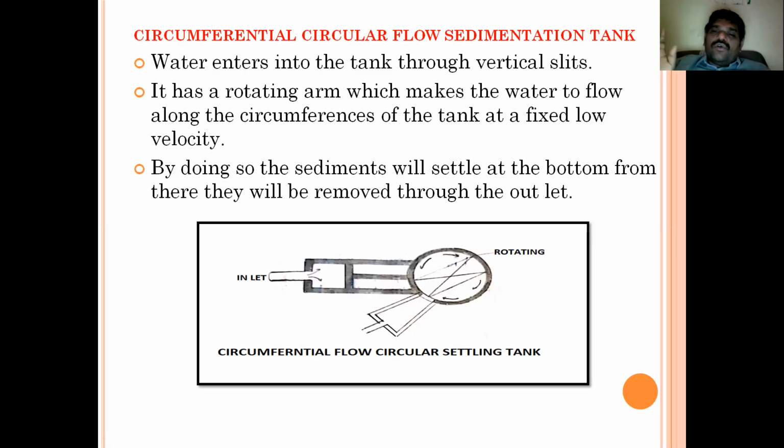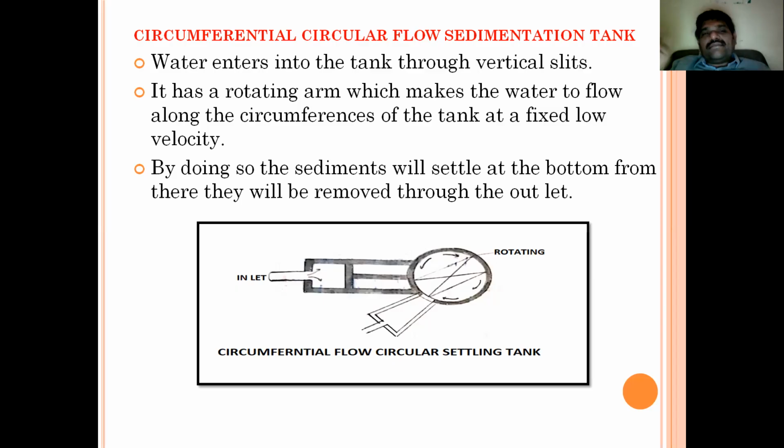By allowing so, slowly, because of their weight, the particles will settle at the bottom and the clean water will be taken off.